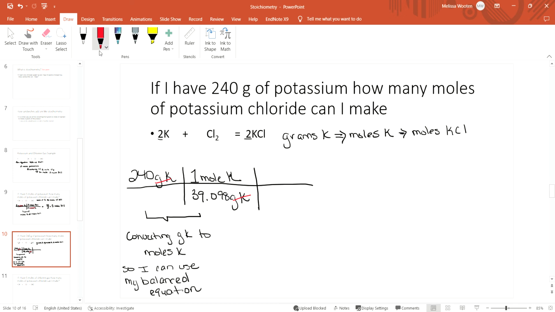Okay. So now I have to go from moles of potassium to moles of KCl, and this is where my balanced chemical equation comes in. So what do I know from my balanced chemical equation? Well, it takes 2 moles of potassium to make 2 moles of potassium chloride.